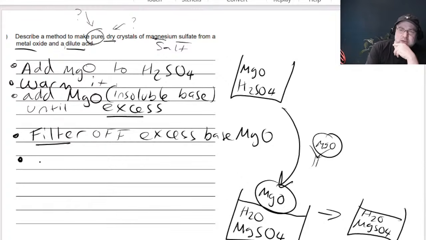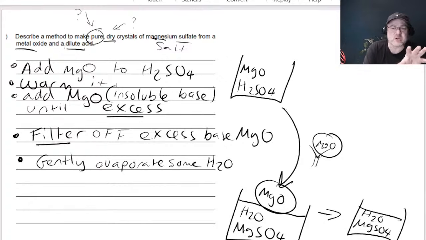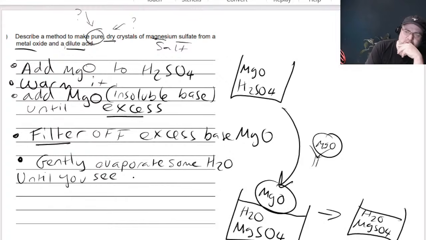So what you're going to do then is gently evaporate some water. You're going to gently evaporate some water until you see crystals.